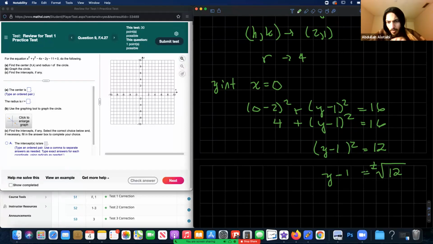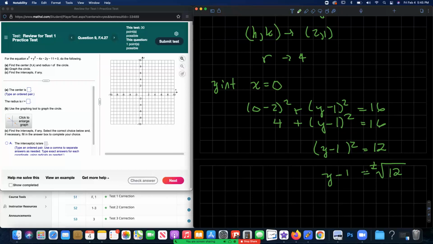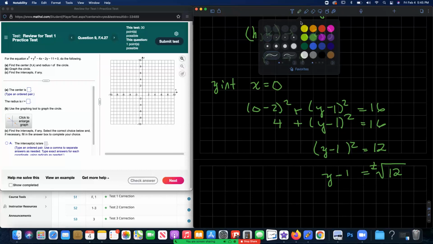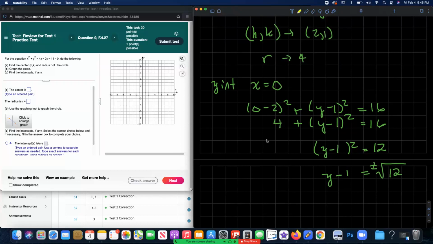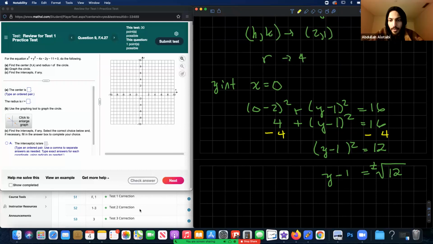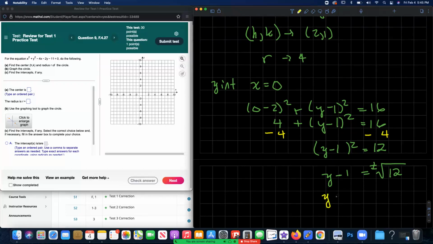I missed how did you find the 12? Yeah, that's a good question. So basically what I did was I subtracted 4 on both sides. Oh, okay, got it. Great question. And then y is equal to positive 1 plus or minus square root of 12.